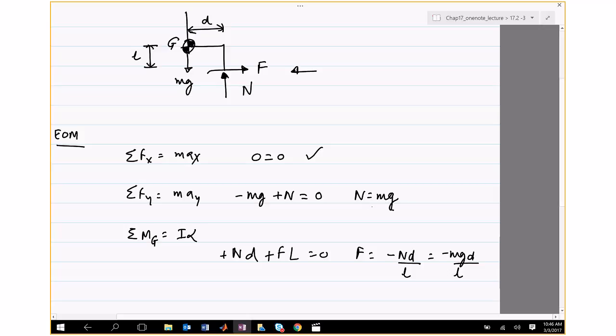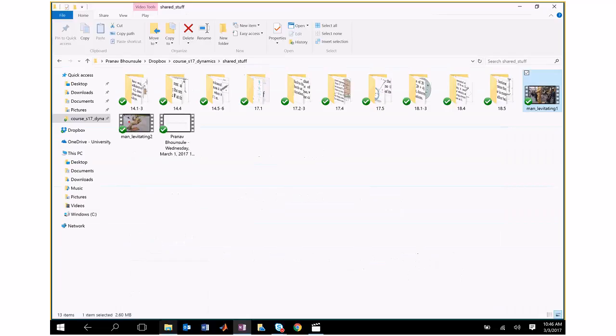There's an N, there's an F. So this person has to have a force. It can be a force or, as I said, it can be a moment there. Let's say it's a force. So where his leg contacts the floor, there has to be some force which helps him stay upright. So here's what he actually does. This is the trick.